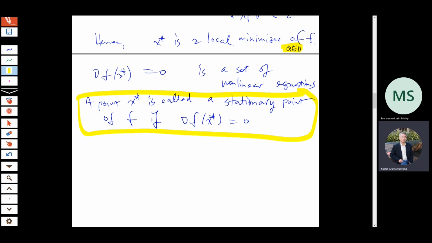We don't test whether a function is convex or non-convex using the definition, which you see is very difficult and not easy to use, right? So the result that you will prove in the homework is very useful.